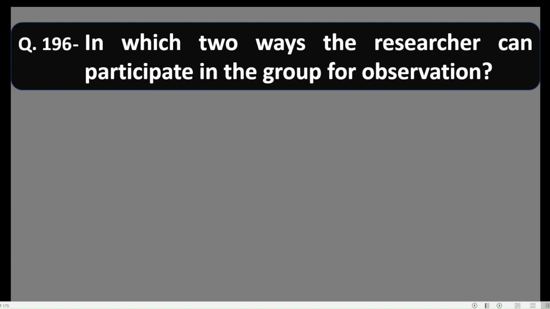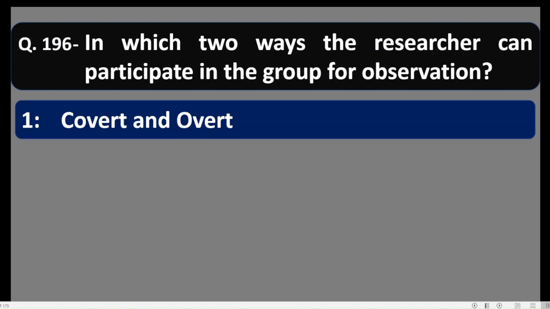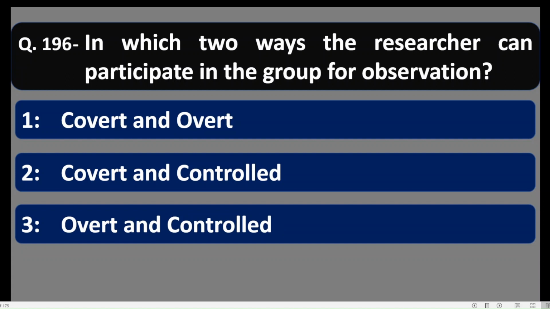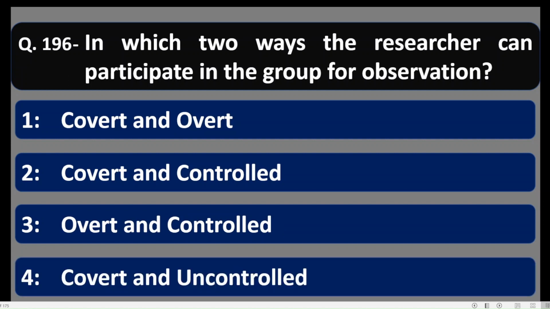Question 196. In which two ways can the researcher participate in the group for observation? Covert and overt, covert and controlled, overt and controlled, covert and uncontrolled.